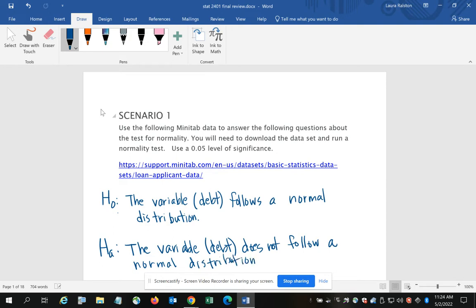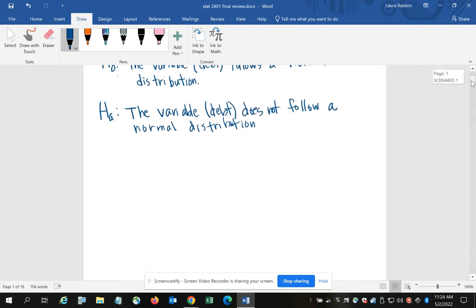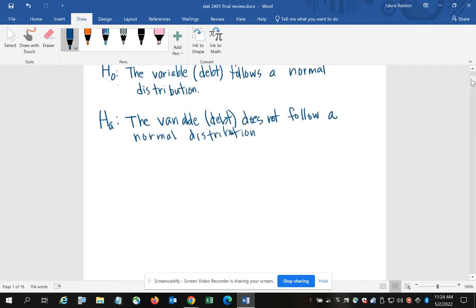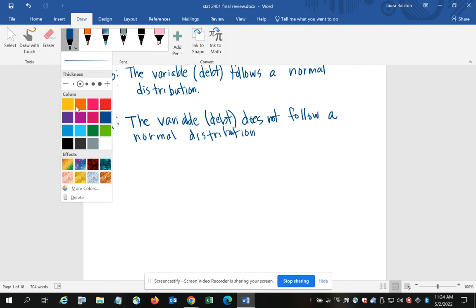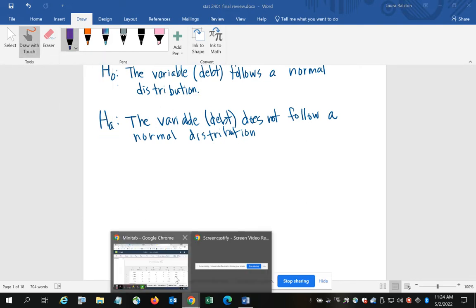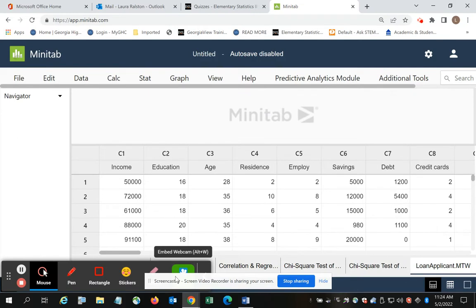And if you'll recall, to run this test, we use the Anderson-Darling value. So I'm going to go out to Minitab and calculate that particular value. Okay, so I'm going over to Minitab. I've already downloaded the data set to my desktop and then I pulled it into Minitab.